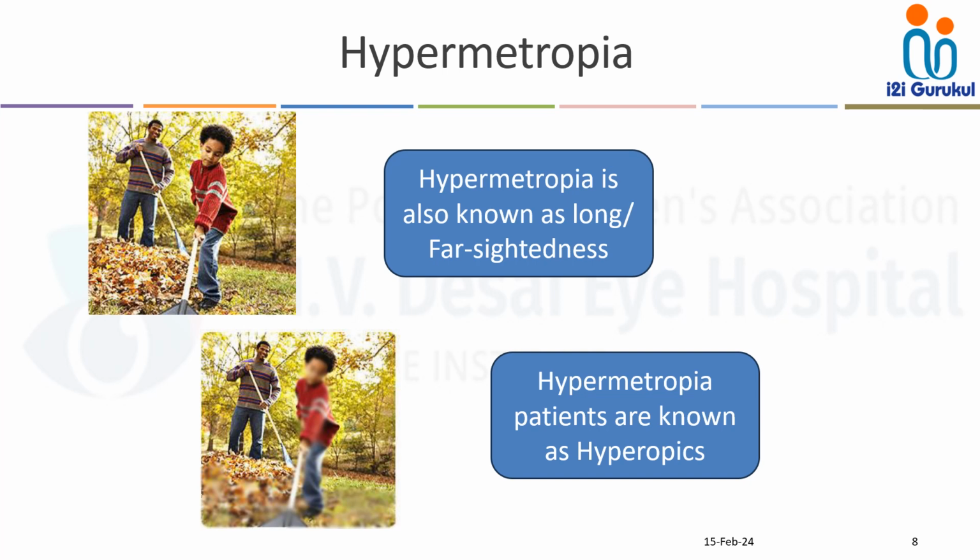The first image, the top left image, shows the distance clearer, but near objects, where the child is doing some farm work, are not clearly seen in the hyperopic condition.